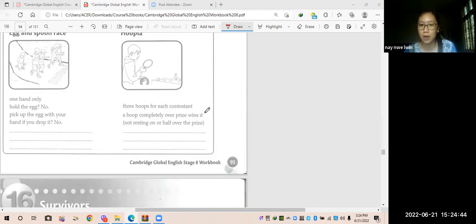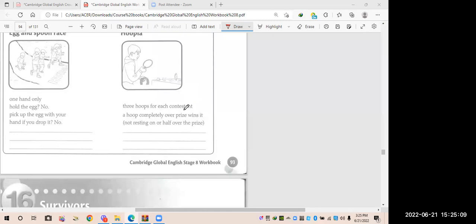So you can win the prize when the hoop is completely over the prize. And for the last thing, the hoop cannot rest on or be half over the prize. If it is resting on or half over the prize, you won't get the prize like that. So got it, Vivi? Yes, Chair, thank you.